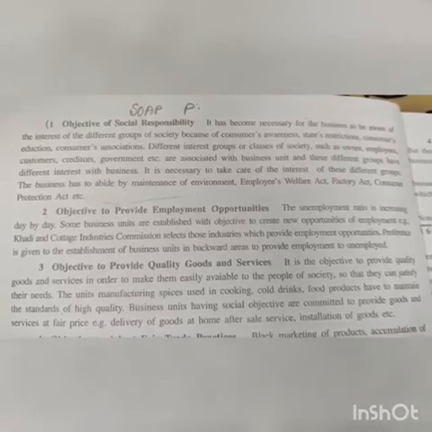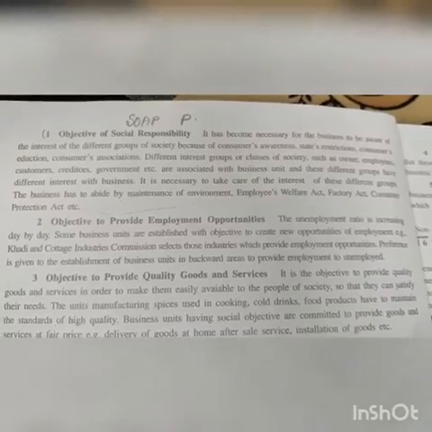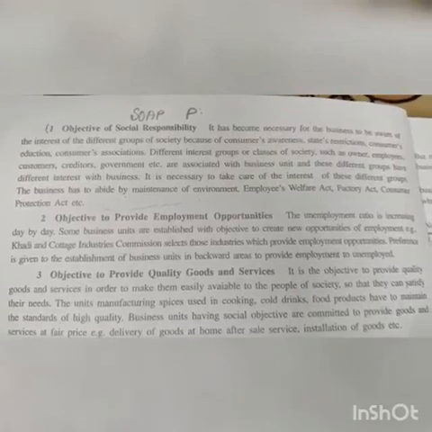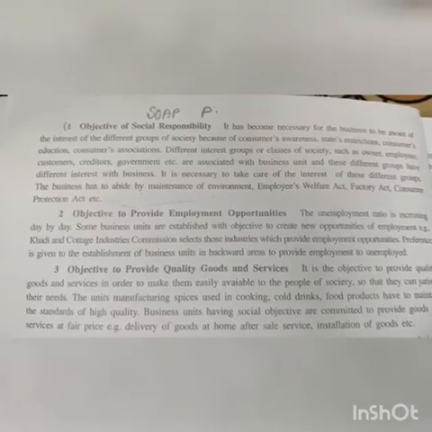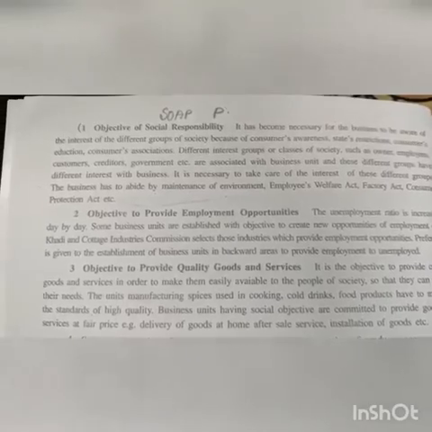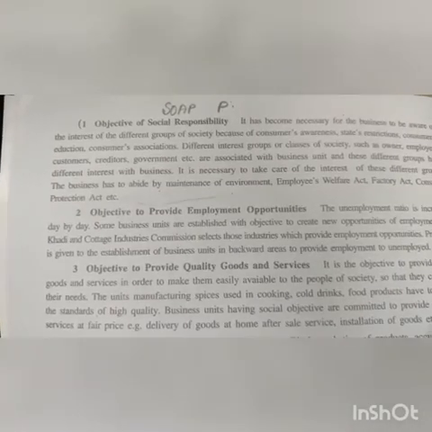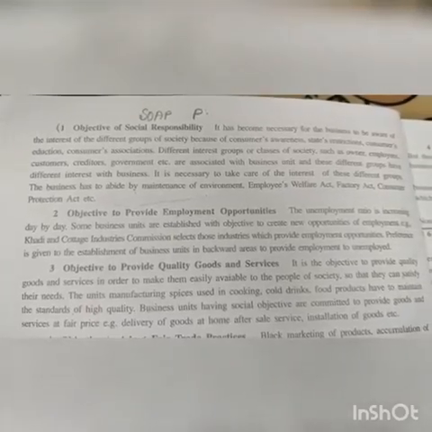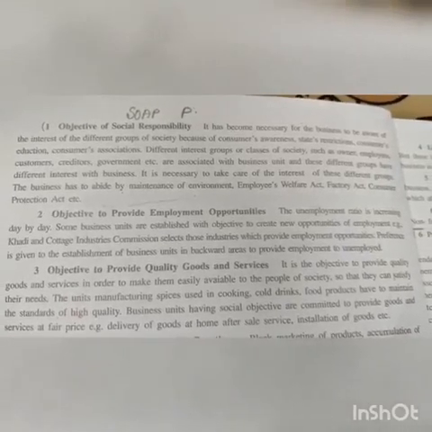Some business units are established with the objective to create new opportunities of employment. For example, there are many backward areas. In those backward areas, the government is starting industries so that the people residing there get some employment opportunity. Khadi and Cottage Industries Commission selects those industries which provide employment opportunity.